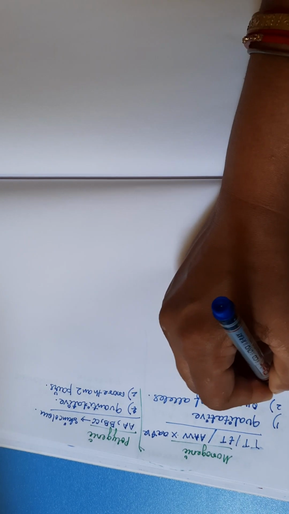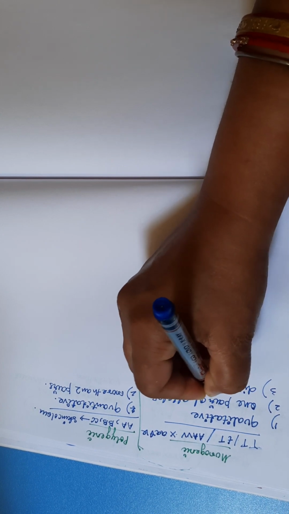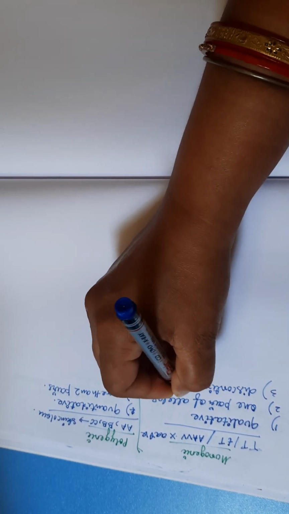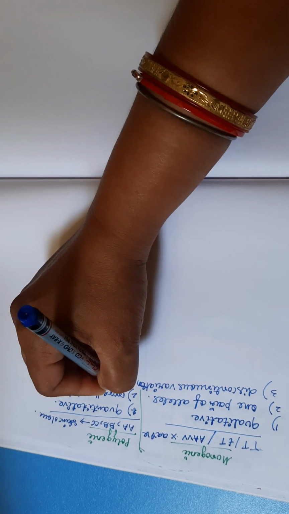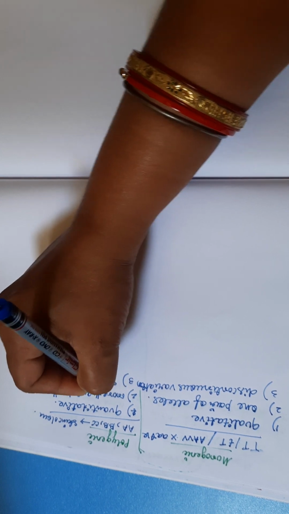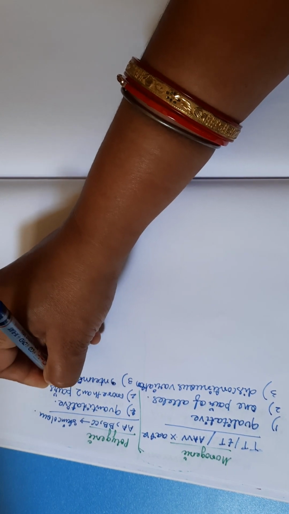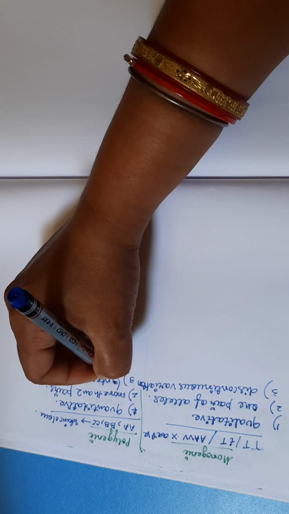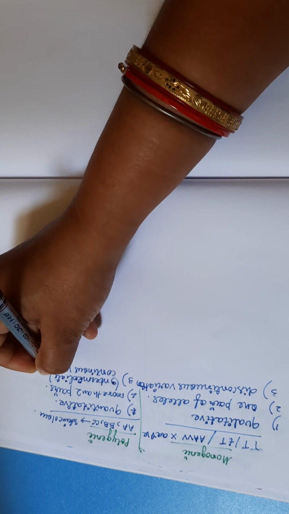The third point of difference will be that monogenic inheritance shows discontinuous variation. By this I mean that there will be two extreme phenotypes, one dominant, one recessive, and no intermediate phenotype. But in polygenic inheritance, there will be gradual development of the phenotypic trait. So you will get the intermediate phenotypes, which will lead to continuous variation.